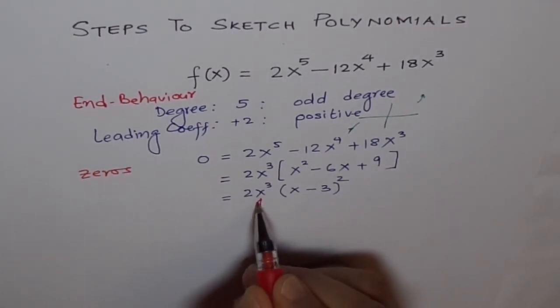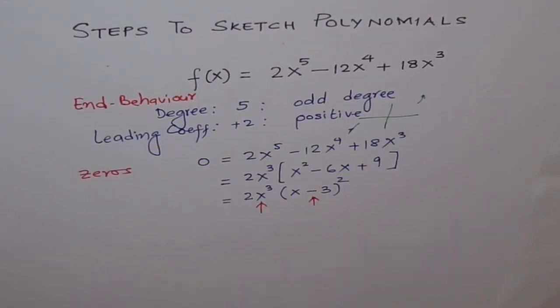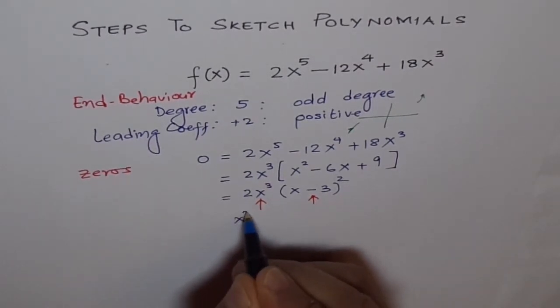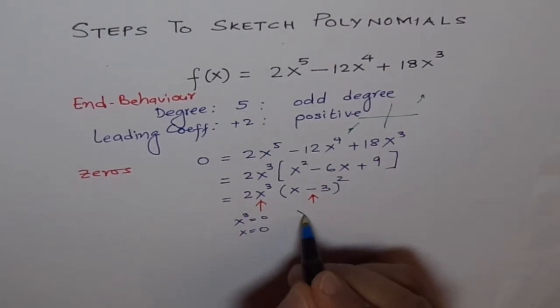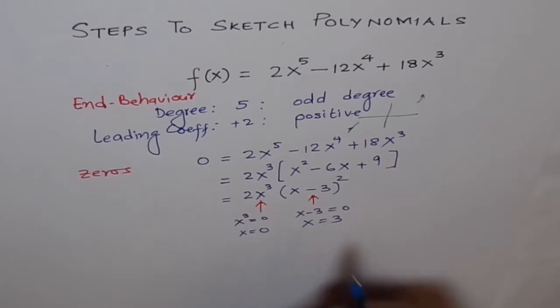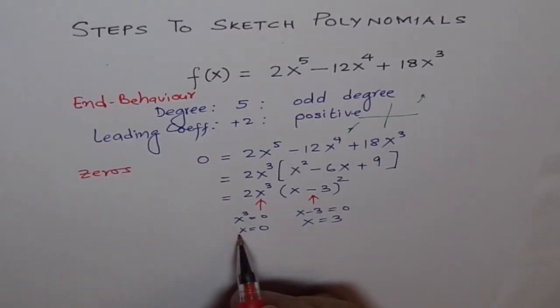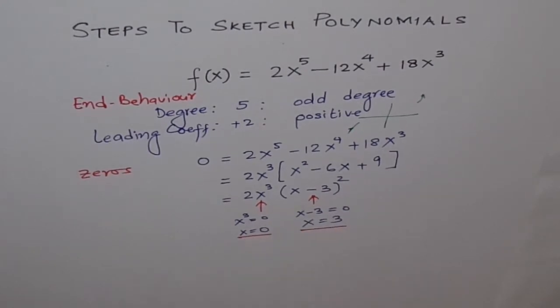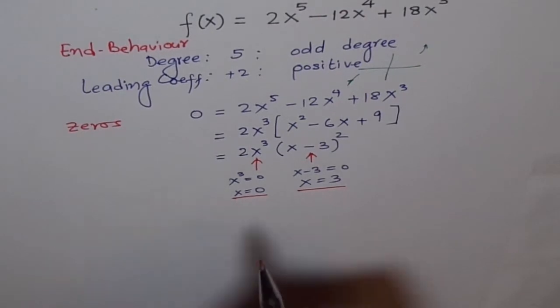Now, zeros could be where this equals 0 or that equals 0. Let's calculate this. x cubed equals 0 implies that x equals 0, and x minus 3 equals 0 means x equals 3. So, there are two zeros, right? One zero is at x equals 0, the other one at x equals 3. Now, let's look into the multiplicity of the zeros.